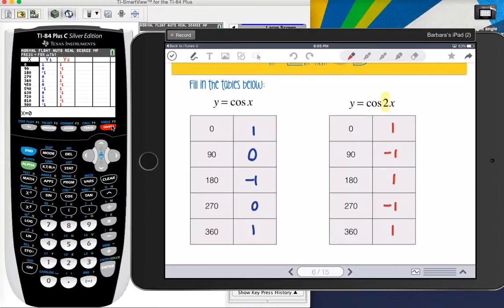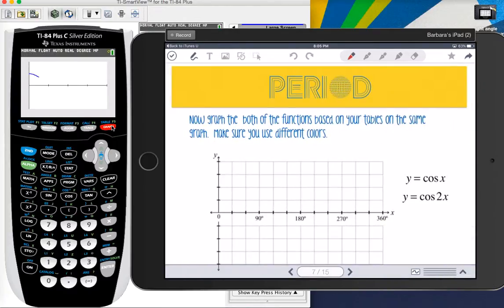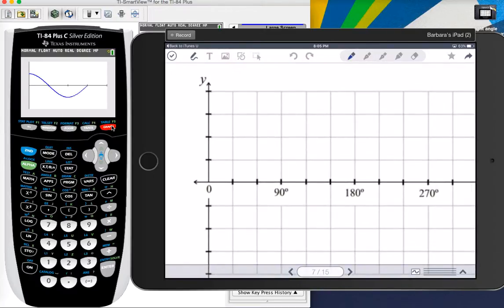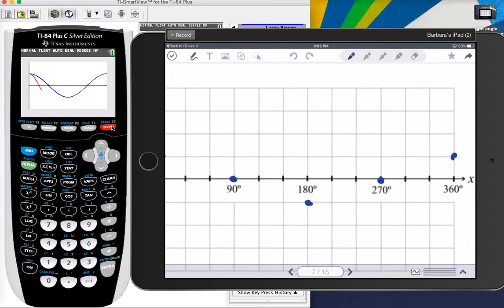Okay? It might help to see these graphed to see where the real differences lie. So the blue one, of course, is going to be our regular cosine function. So we start at 1, go down, and come back up.